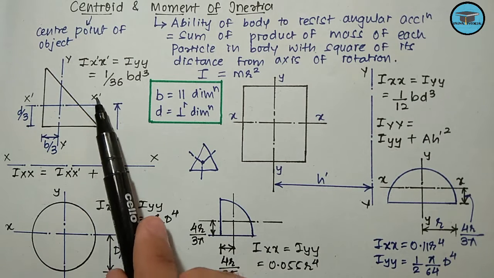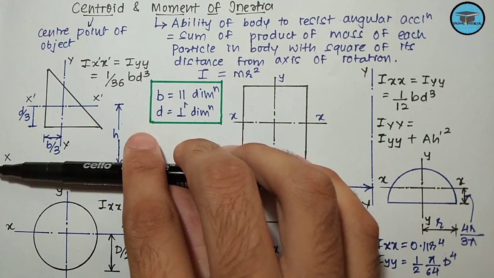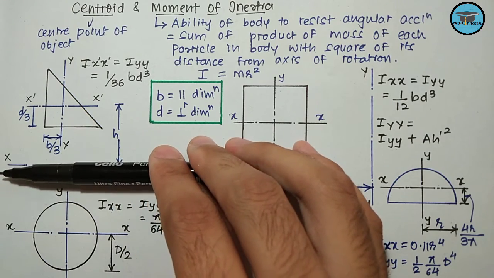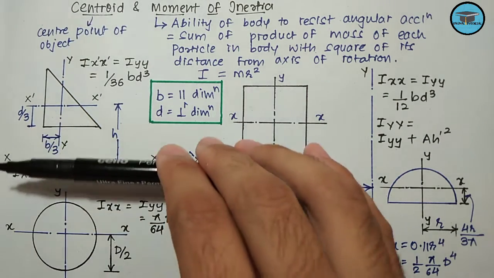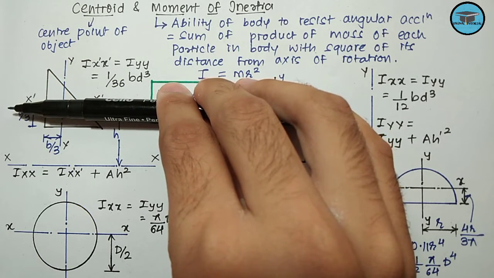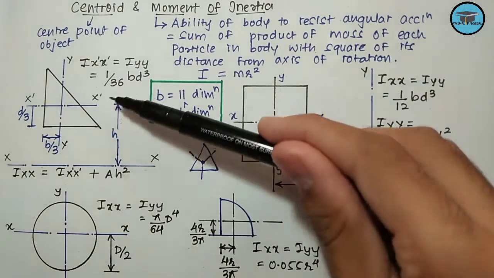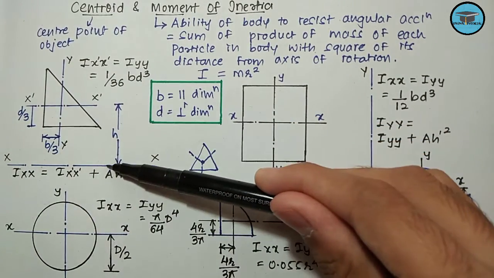Similarly, if we consider a triangular lamina and need to determine the moment of inertia about this x axis, then it is the sum of the moment of inertia about its local x dash axis and the area of this plane lamina times the square of the distance between these two axes, that is h.